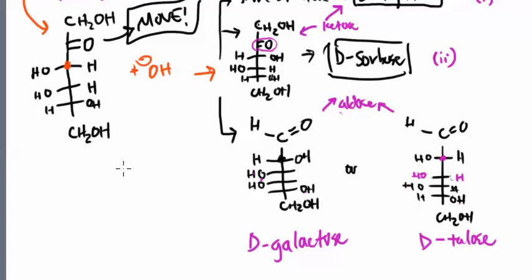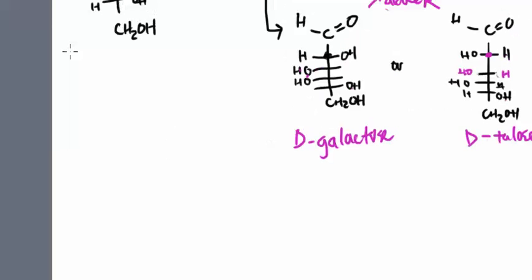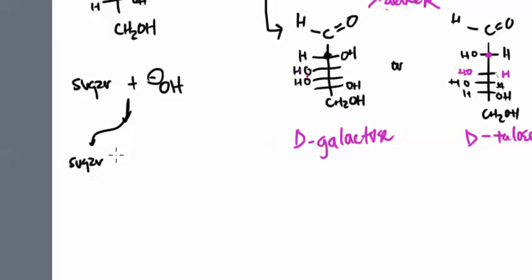Okay, so let me sum up what this reaction's doing. If I have a sugar and I react it with a base, I can basically get the sugar again, or the C2 epimer of that sugar.